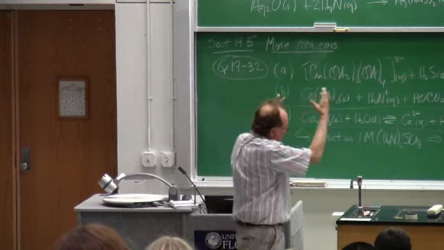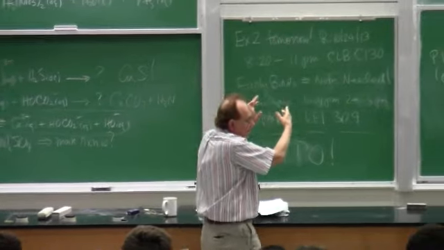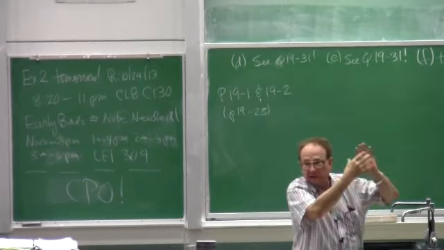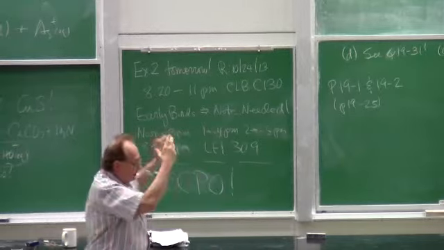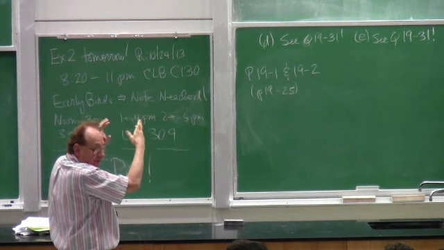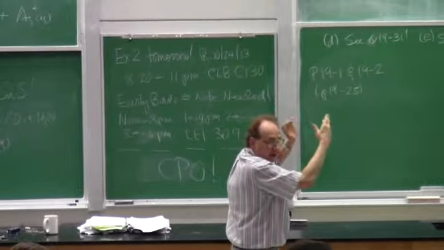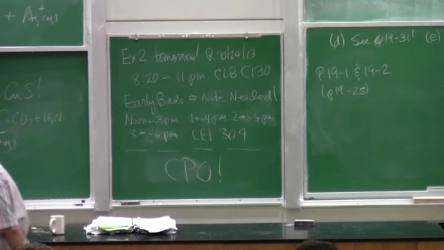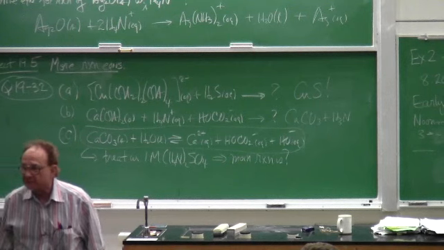Calcium carbonate plus ammonium ion plus sulfate ion, double arrows, products: calcium sulfate, ammonia, and bicarb ion. What will you do to find out if that reaction effectively converts calcium carbonate to calcium sulfate? What will you do?